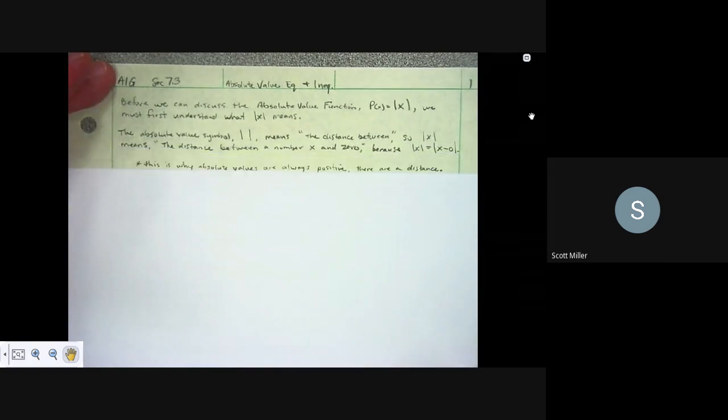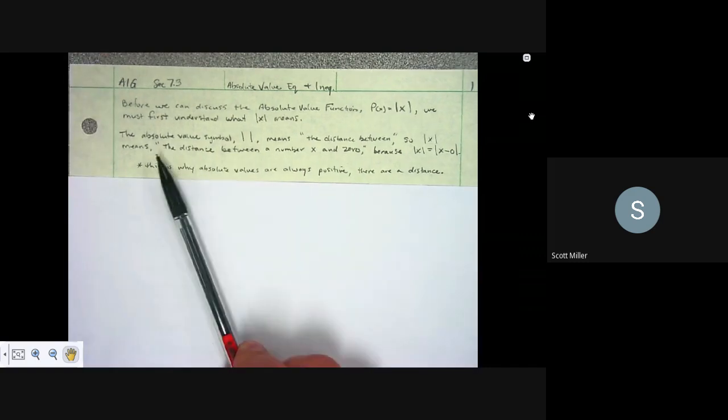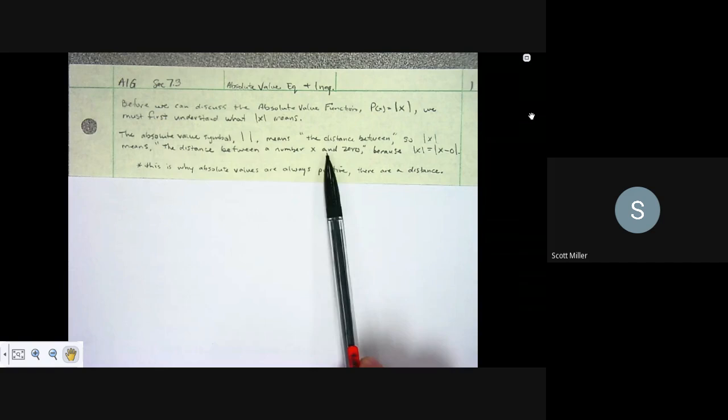So when you see the absolute value of x, that means the distance between a number x and 0, because the absolute value of x is equal to x minus 0. So the distance between these two numbers, whatever that number is. And because this is a distance, this is why the absolute value is always positive. So this is one way to look at absolute value.